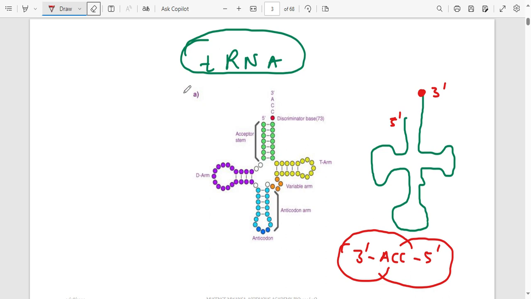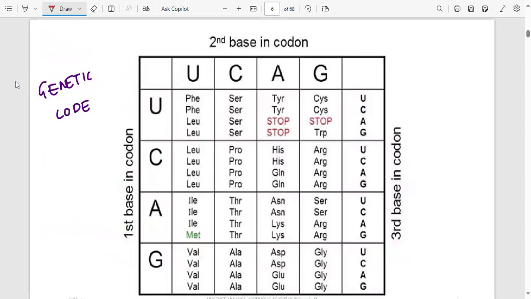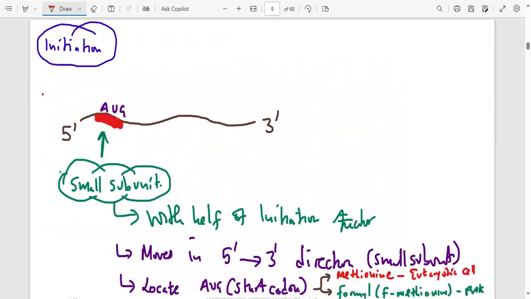So let's go now and explain initiation. So when the first amino acid has been read, what is going to happen is that tRNA is going to get that amino acid, isn't it? Okay. So let me now put this here.